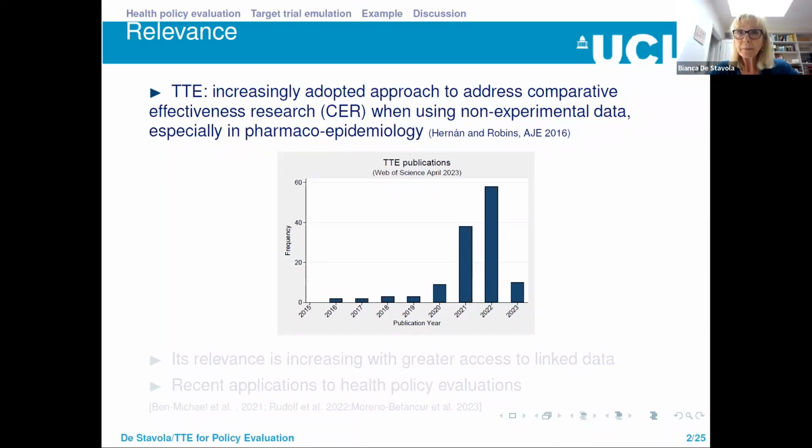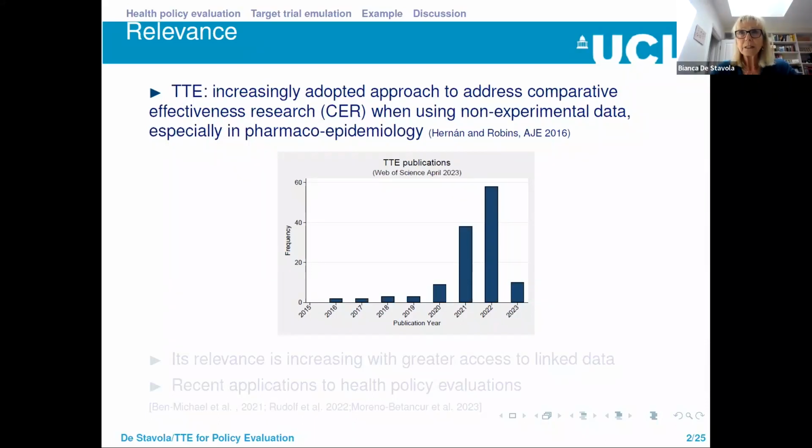But that paper just puts out the framework of something that was already there in the early 2000s. The histogram you see here shows just a very quick snapshot of papers that mention target trial emulation, either in the title or in the abstract, from 2016 onwards. And you can see there is a sudden increase in the last few years.